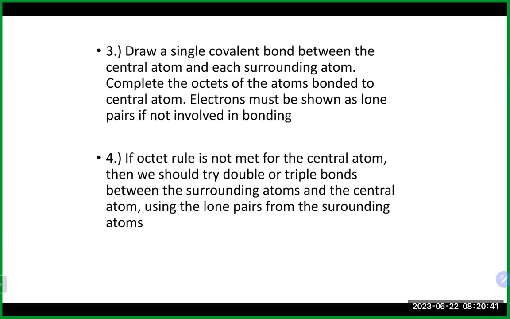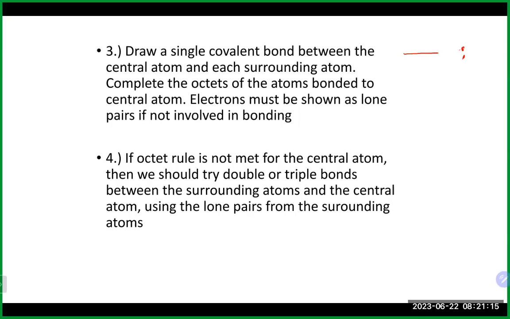Remember, if you use lines, which a lot of people do, myself included, or if you use dots, one line represents a pair of electrons, or 2 dots. So for every single bond you make from the center to the outside, you should subtract 2 from your previous total. That means in most cases you will have some electrons left over after you make the single bond to each of them.